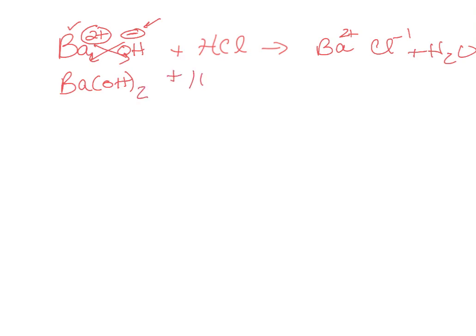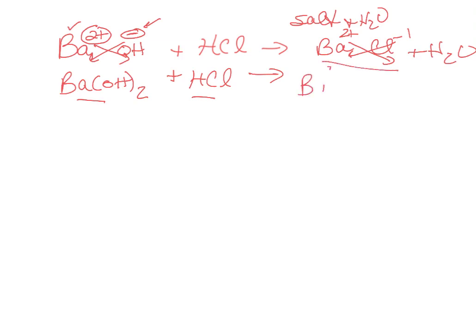And hydrochloric acid is pretty easy. I think most of us know that. We need it, again, to make barium chloride. So when a strong acid and a strong base react, what are the products? They are always a salt, which is the nickname for an ionic compound, and water. So now let's go back to getting the right formula for barium chloride.